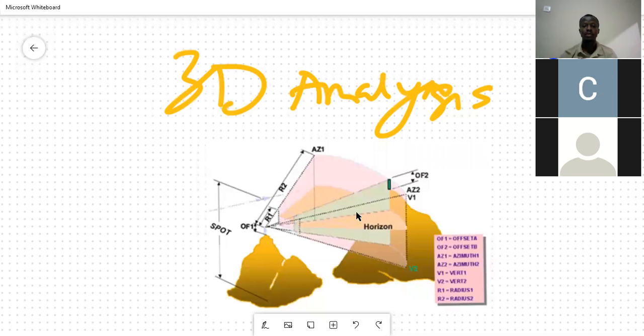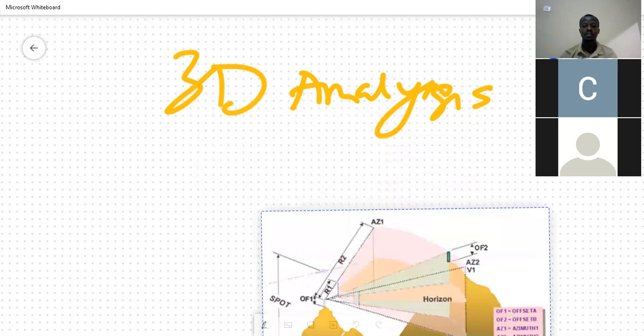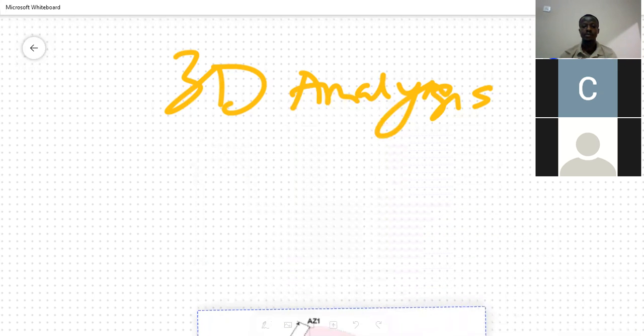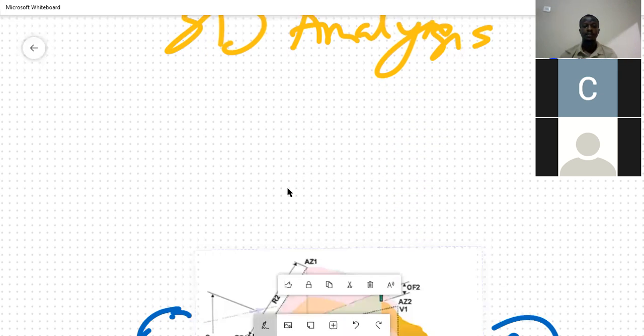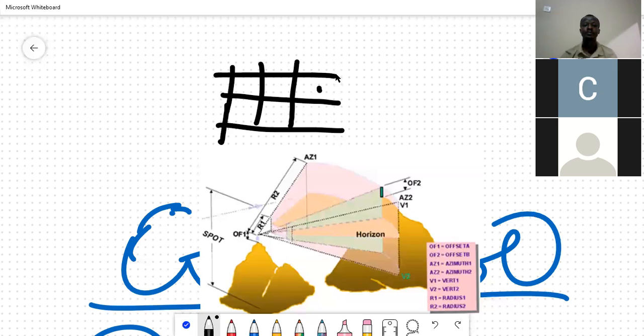Let me move this one aside. I'll come to that diagram very soon. But the viewshed considers that if you have a set of cells defining the raster, no, I think this is not the best of drawings. Let me undo.